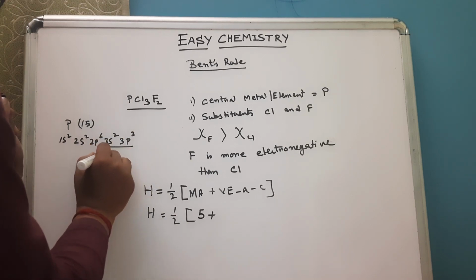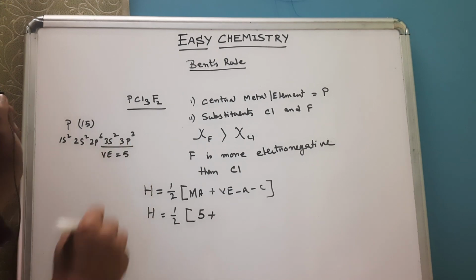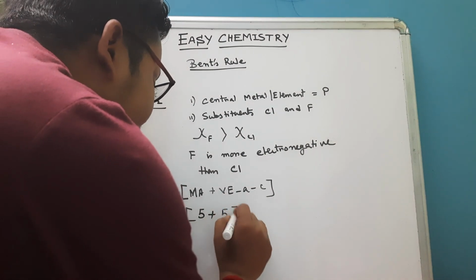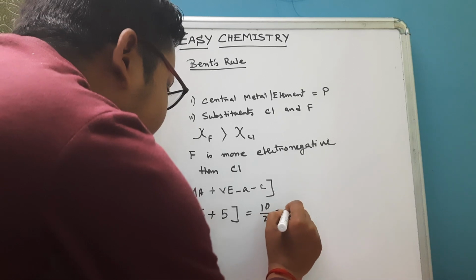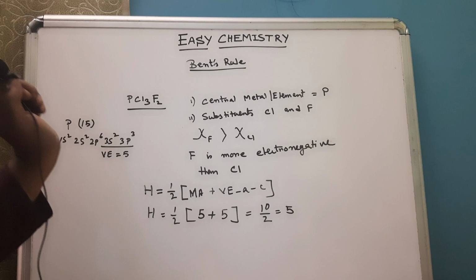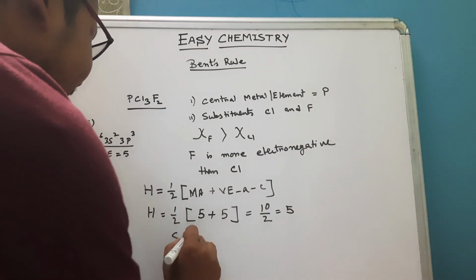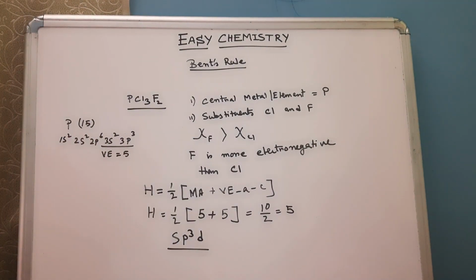This is the valence shell. So the number of valence electrons is 5. Okay, my dear students, so H is 5. So the hybridization is nothing but sp3d. So the state of hybridization of PCl3F2 is sp3d.